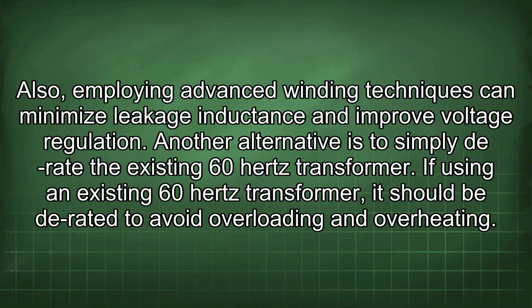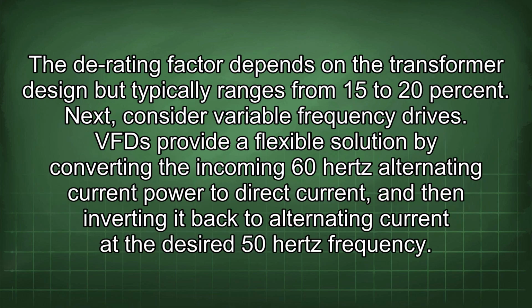Also, employing advanced winding techniques can minimize leakage inductance and improve voltage regulation. Another alternative is to simply derate the existing 60 Hz transformer. If using an existing 60 Hz transformer, it should be derated to avoid overloading and overheating. The derating factor depends on the transformer design, but typically ranges from 15 to 20%.